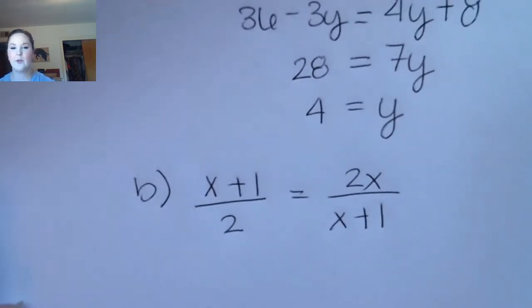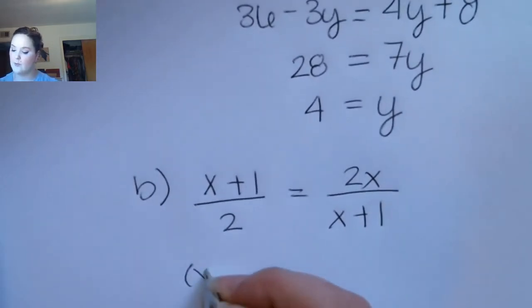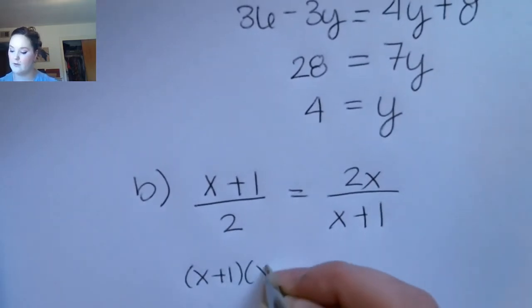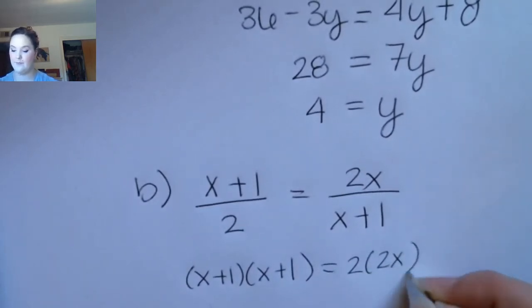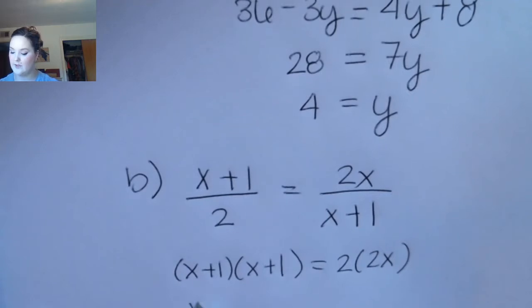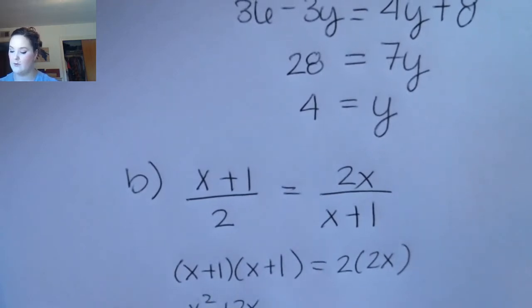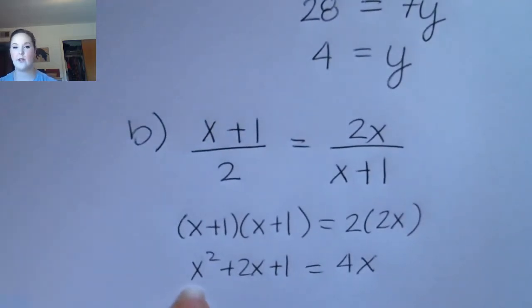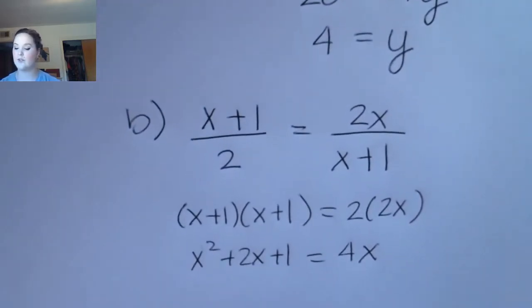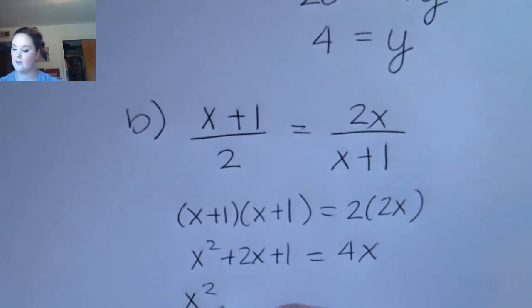Okay, so we're going to use the same method. We're going to cross multiply. Okay, so we're going to multiply this out. Okay, now because we have x squared here, we want to move everything to one side and try to factor.